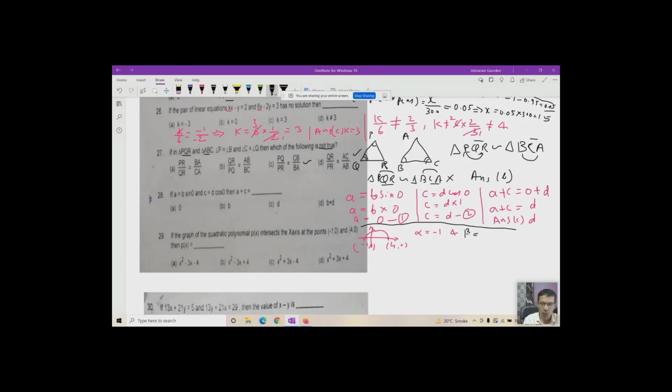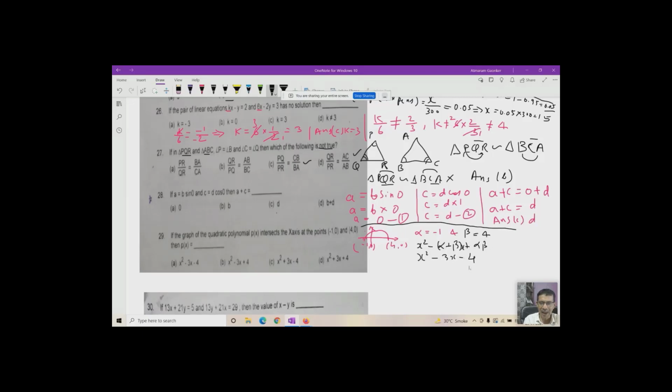So we know alpha and beta, and we know how to write the equation in terms of alpha and beta. Not the equation, it's a polynomial: x square minus (alpha plus beta) x plus alpha beta. This is the required polynomial. So -1 plus 4 works out to be 3. So x square minus 3x, and 4 into -1 becomes -4.